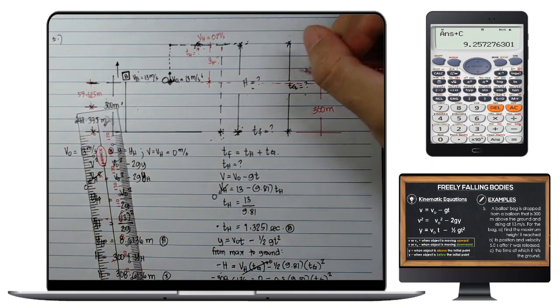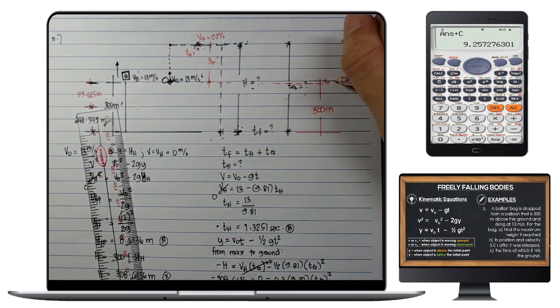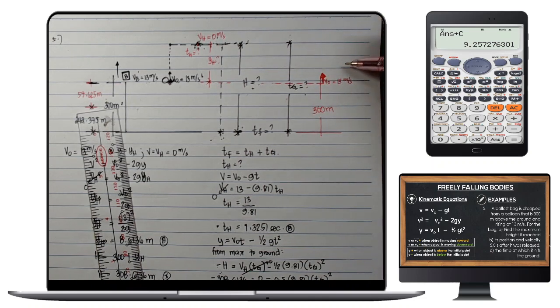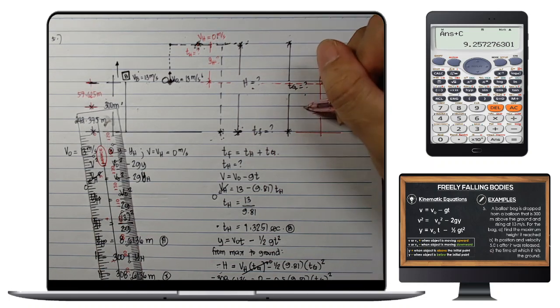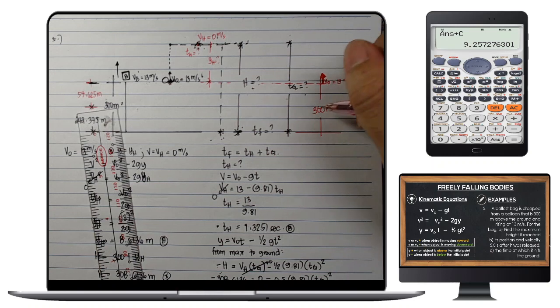Then, di ba yung initial velocity natin nandito? That is equal to 13 meters per second. Yung velocity natin is going upward. So, positive pa yung velocity natin. Then, it will reach the maximum height, then bababa. Okay? So, pwede din naman na makuha natin to directly using this as our value for y. Okay? So, yung 300 meters.